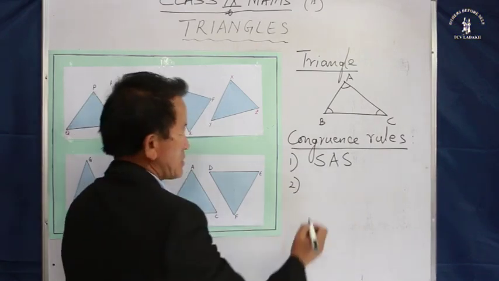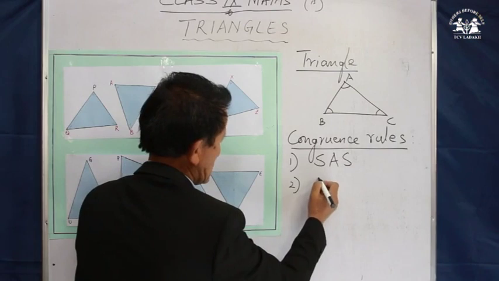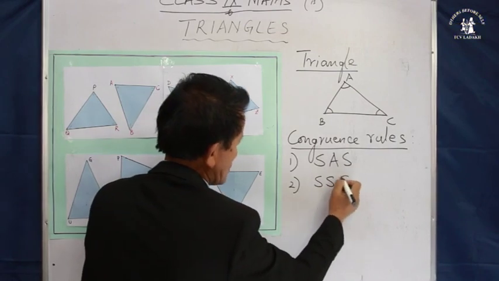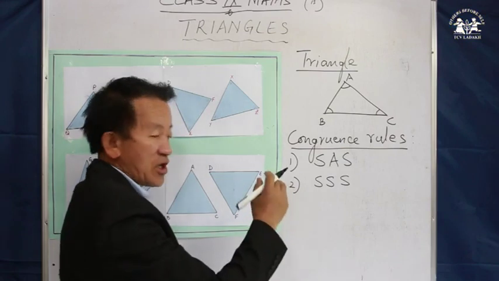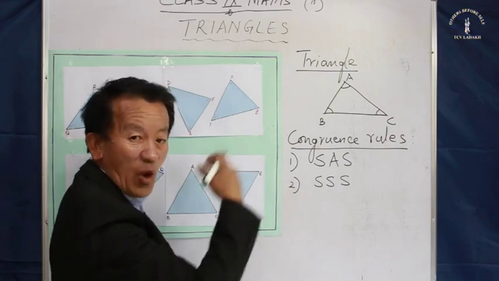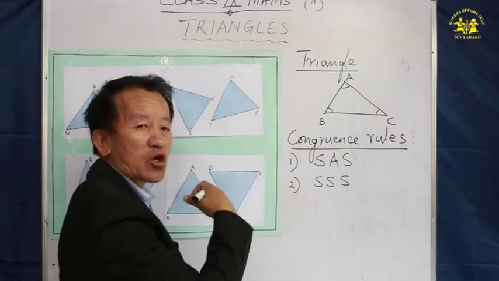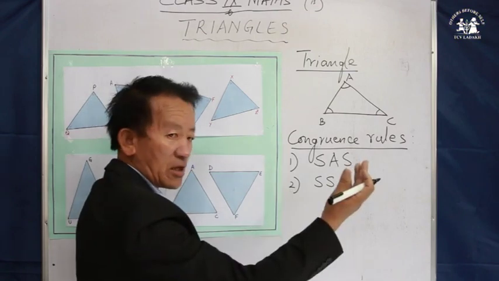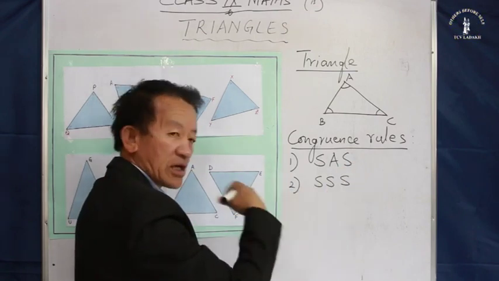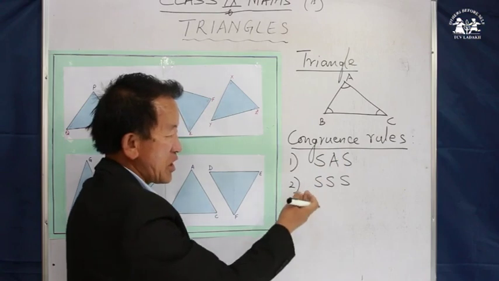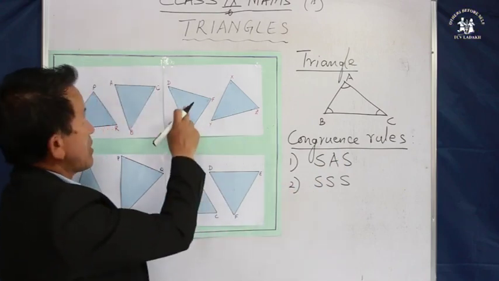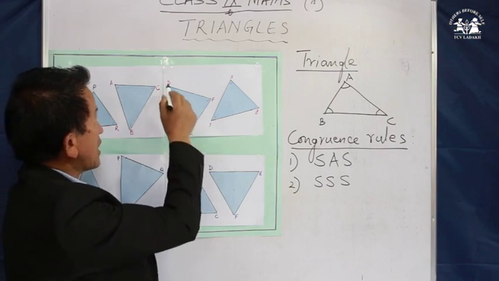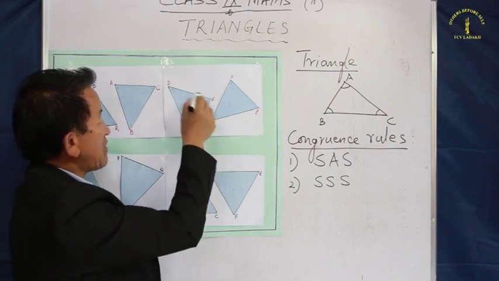Second one is side side side: if the corresponding sides of one triangle are equal to the corresponding sides of the other triangle. Let's take this example. The triangle, let's say triangle DEF.